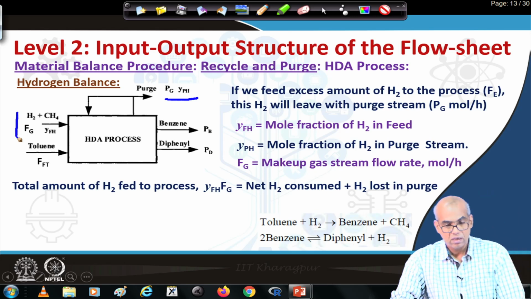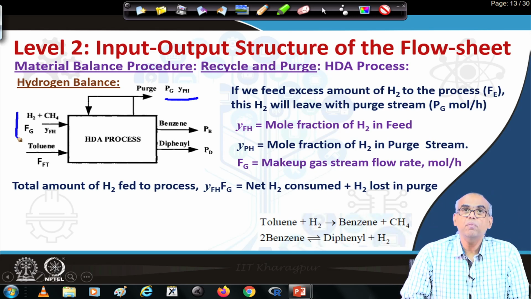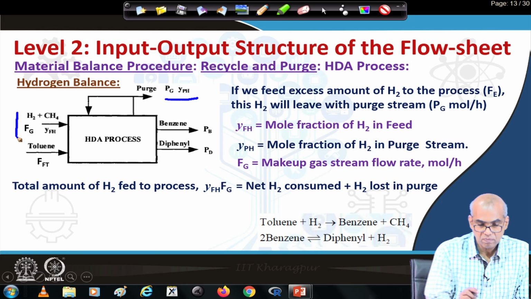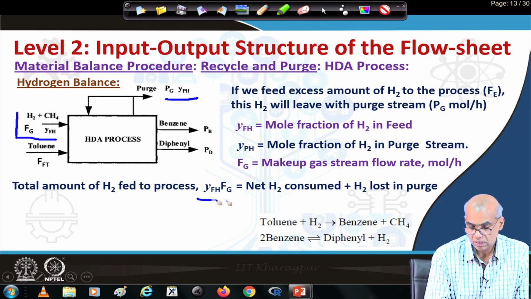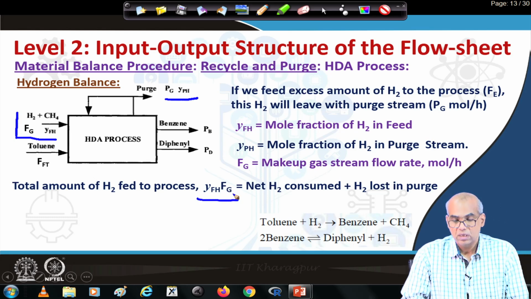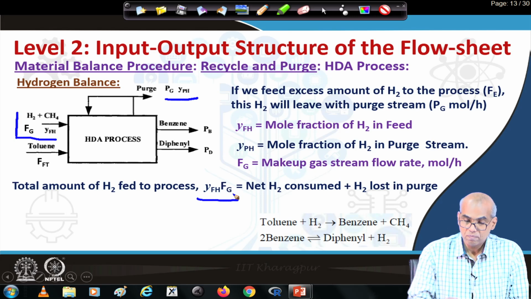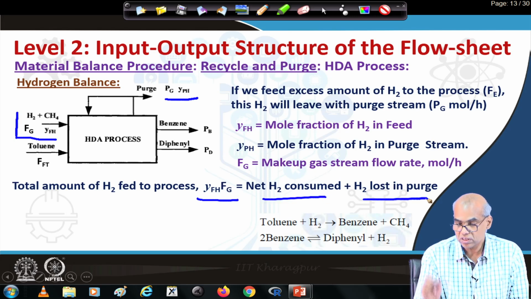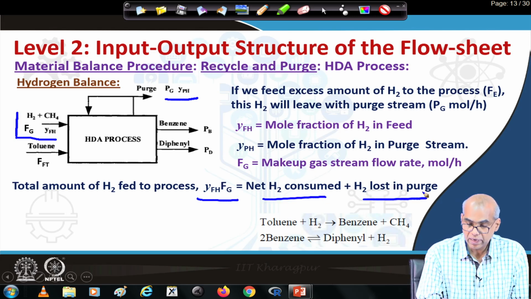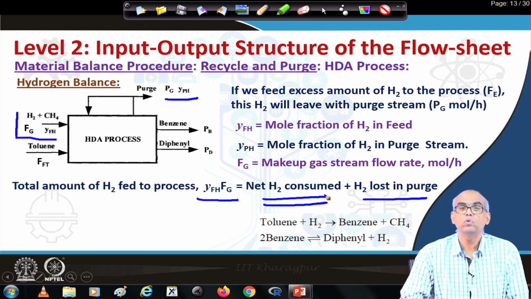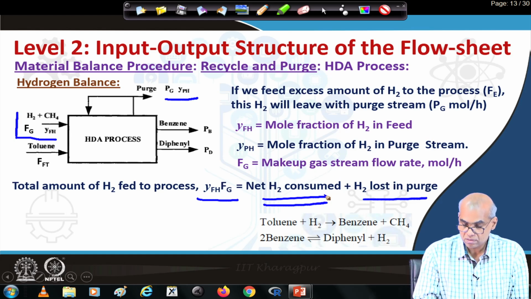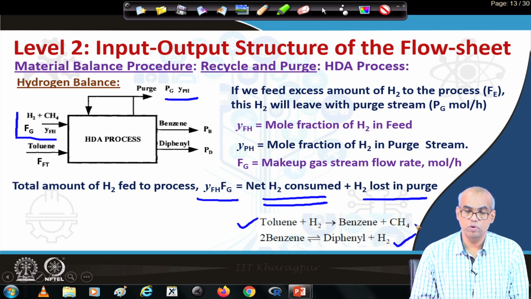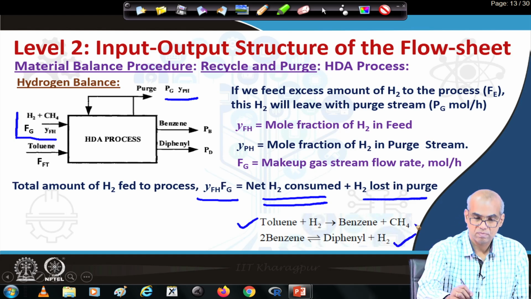So, the total amount of hydrogen fed to the process will be Fg times Yfh. This has to be equal to the net hydrogen consumed plus hydrogen lost in the purge. Now, the net hydrogen consumed will have two parts. One is hydrogen fed to the process as a reactant, as well as hydrogen produced during the process.